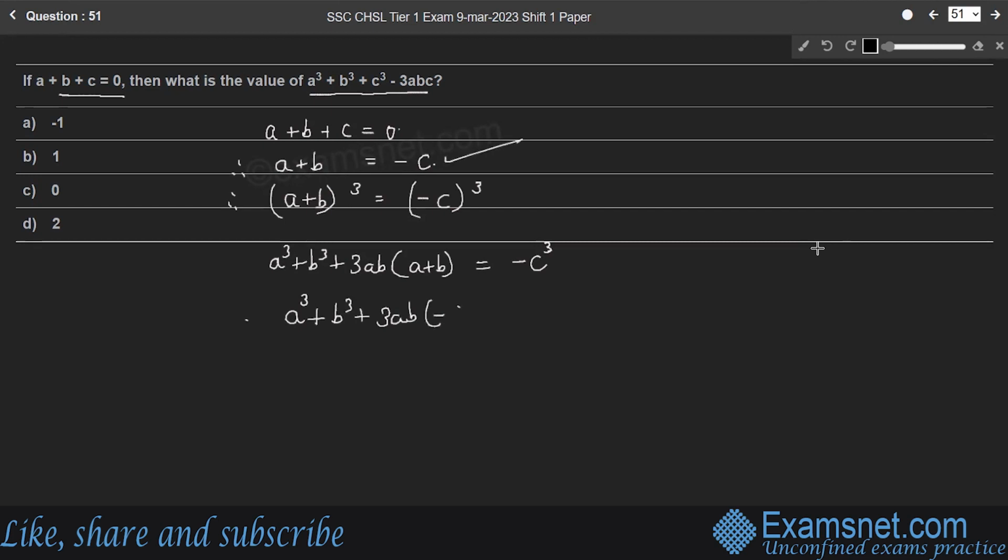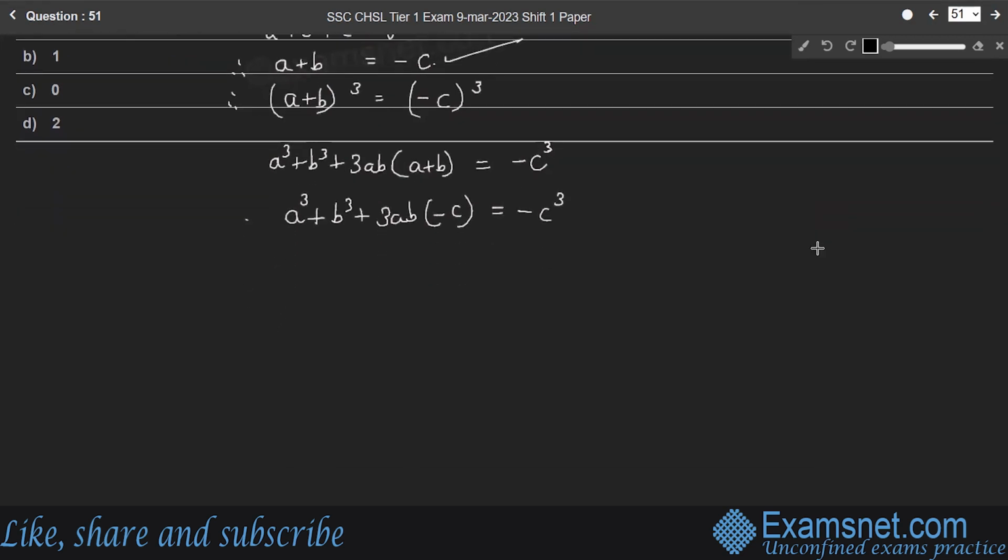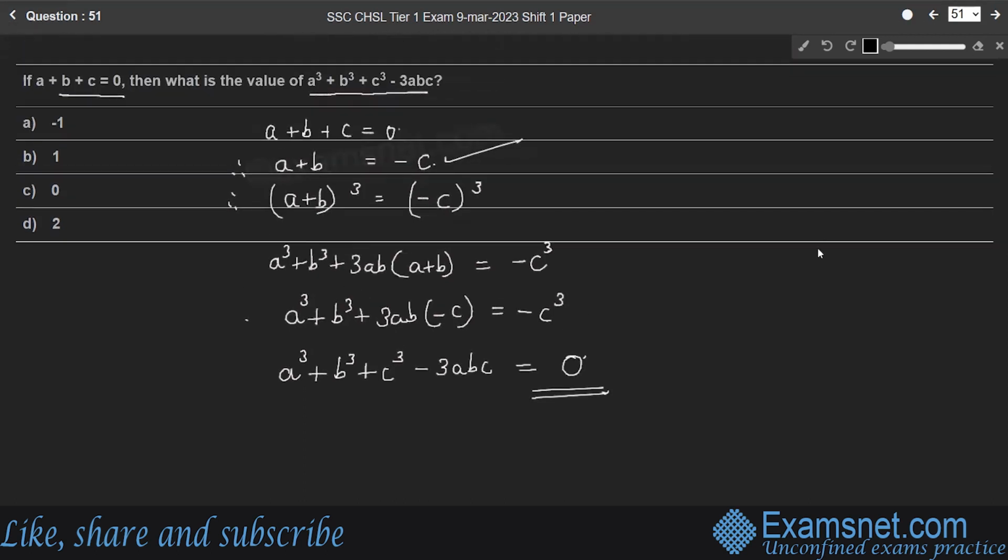So minus c into minus c... is equal to minus c cube. We'll take minus c cube to the LHS part, so it becomes plus c cube. a cube plus b cube plus c cube minus 3abc is equal to 0. Therefore, the answer to the question is 0, so option C is the right answer.